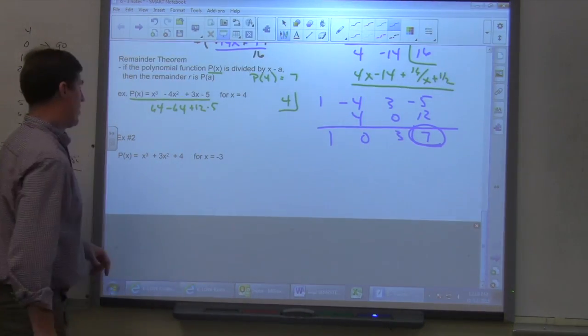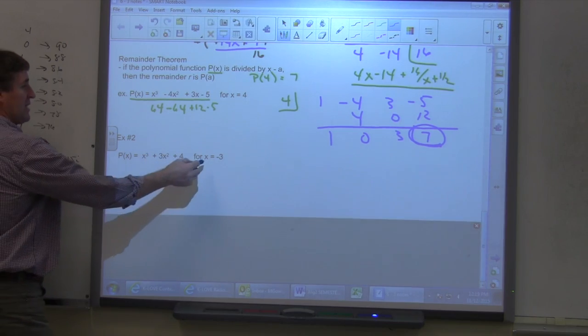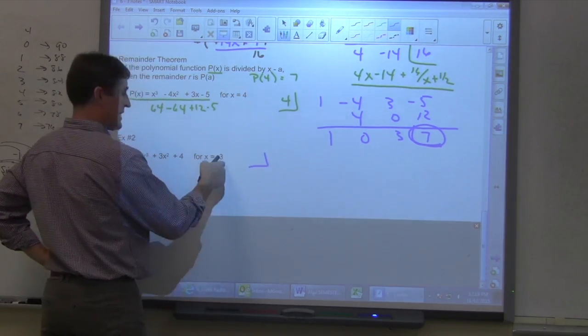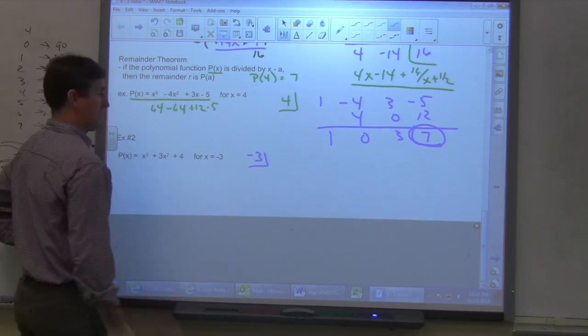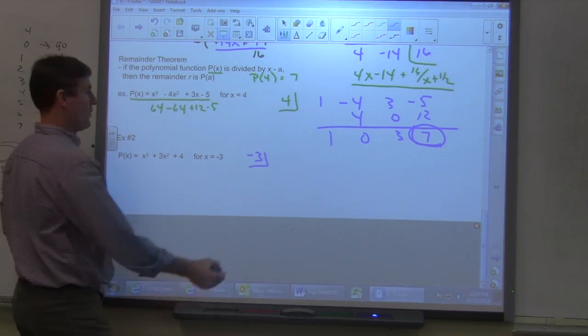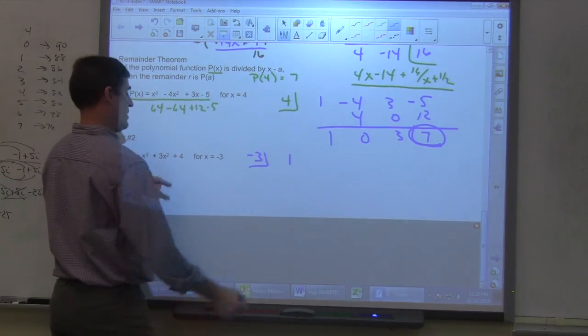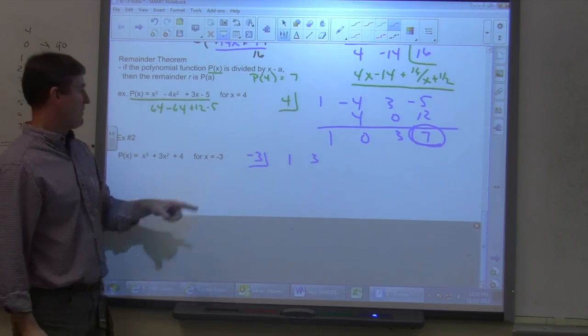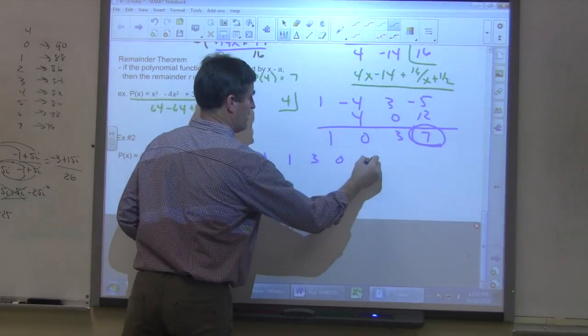So they want us to know, evaluate this for when x equals -3. So remember, when it tells you what x is, we don't do the opposite of that. Now we put the coefficients, 1, 3, and then you have to remember it skips the x, so we have to put a 0 in here.